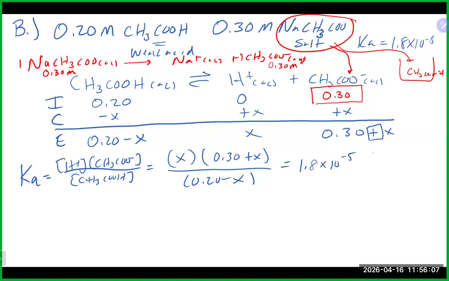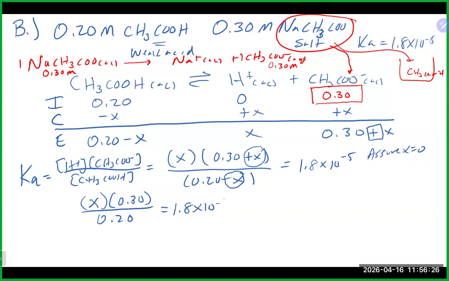Just like on the last one, we're going to assume x is equal to 0. That gets rid of the x's that we're adding or subtracting, so this reduces down to x times 0.3 divided by 0.2 equals 1.8 times 10 to the minus 5.